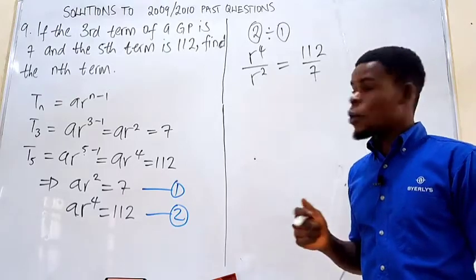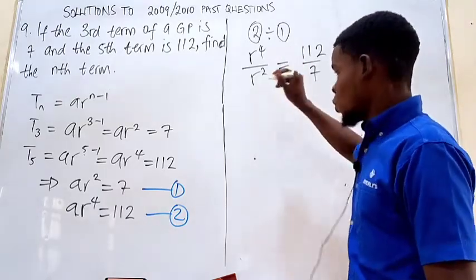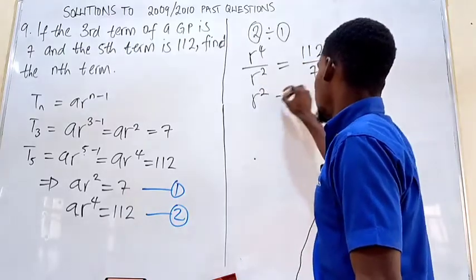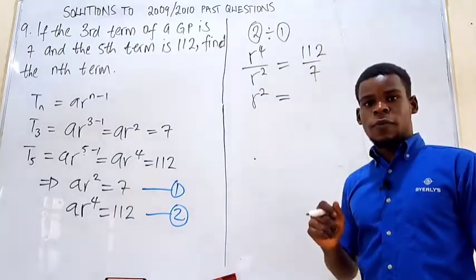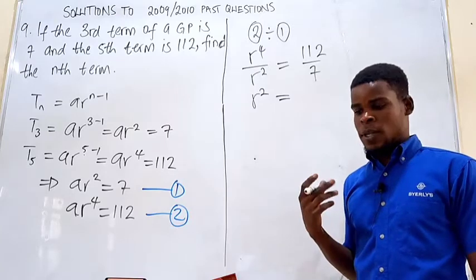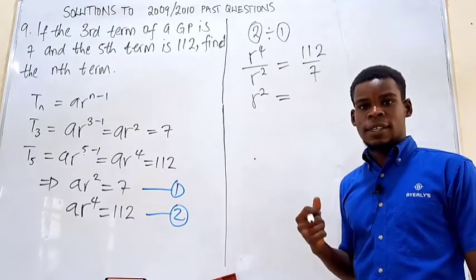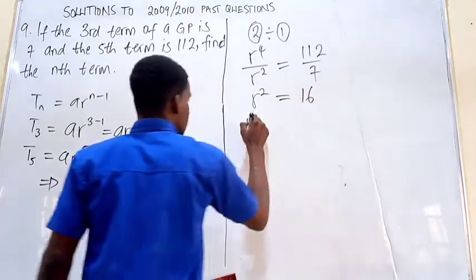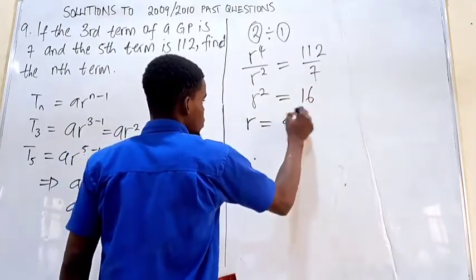Using our indices, r raised to the power of 4 divided by r raised to the power of 2 gives r raised to the power of 2. Then 112 divided by 7 gives us 16. So the value of r is going to be just 4.